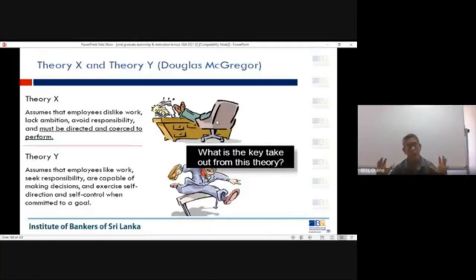So now you have two types of employees in the organization. You may use different techniques to motivate them. Therefore, sometimes Theory X and Y is also discussed under leadership, right? Because for Theory X employees, what do you need?